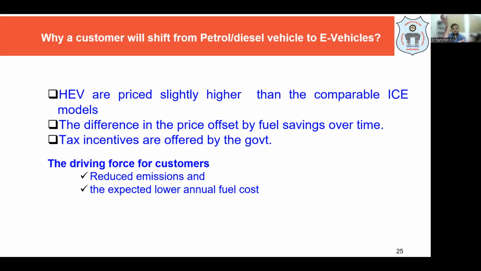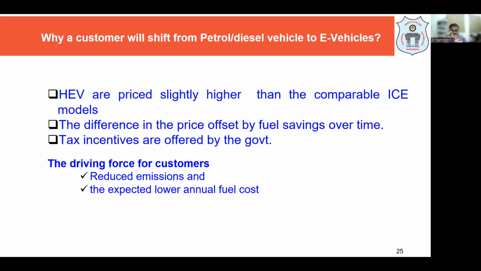But when the price difference is too high, any customer will not be bothered about the environment. He will look at his own economy, right? He is a middle class person. Oh, I cannot afford that car now because I cannot pay extra. So budget constraints come into the picture. When the budgets are the same, a customer will be more easily convinced to buy a hydrogen fuel cell based car or a battery based car, right?